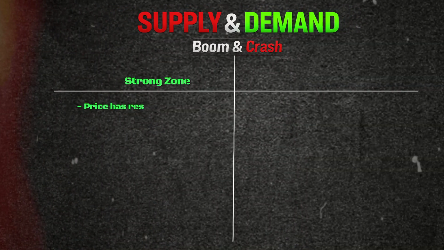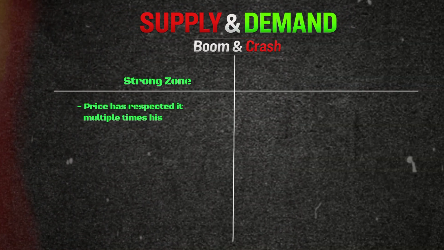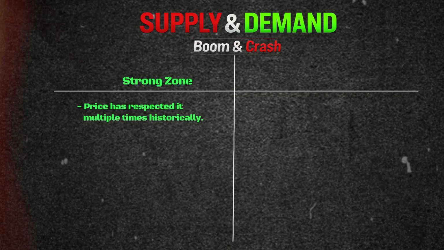Hold on. Before you start thinking of, let me go straight to the chart and start trading zones, you have to note that not all zones are equal. We have the strong zone and we have the weak zones. And here is how you can tell the difference. The strong zone, price has respected it multiple times historically.